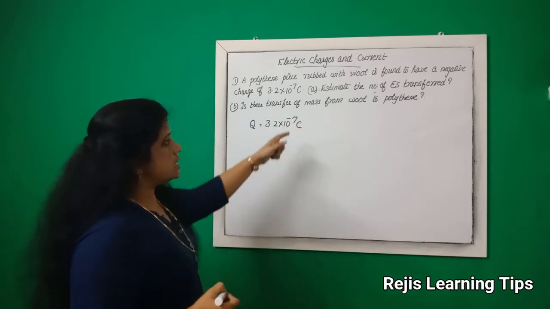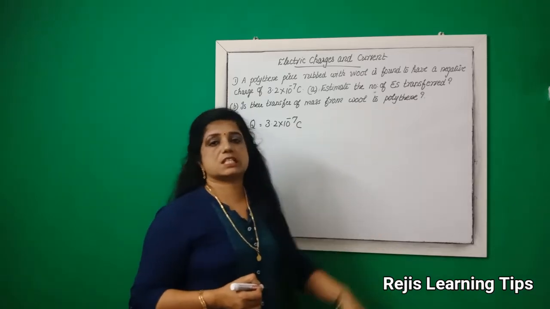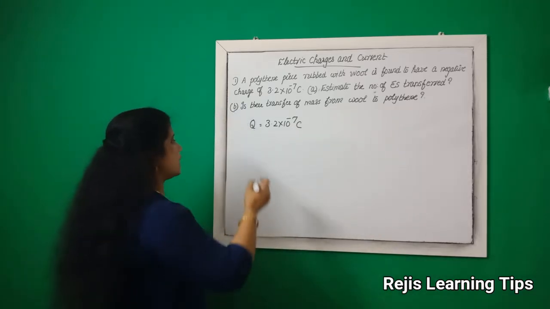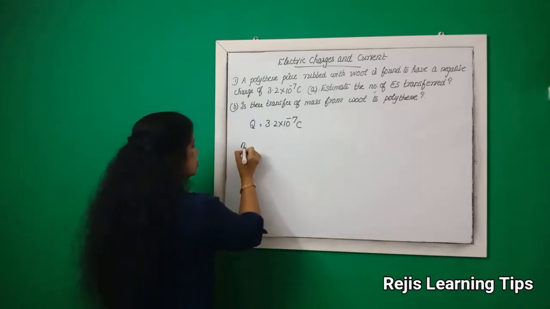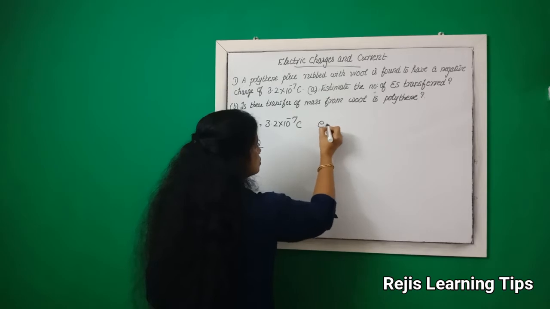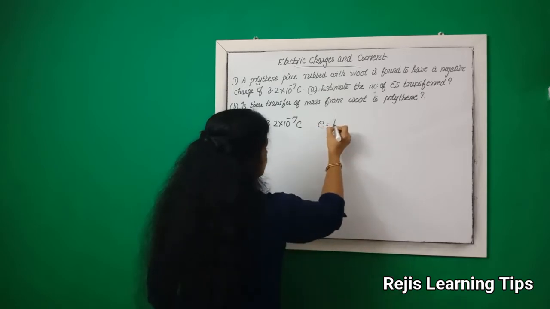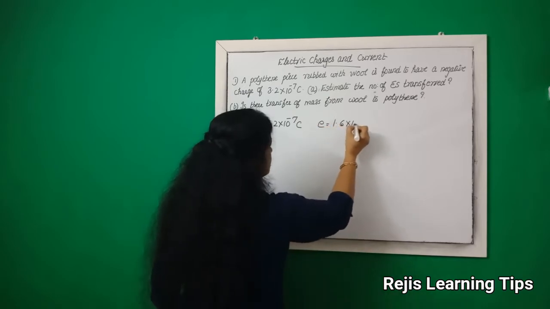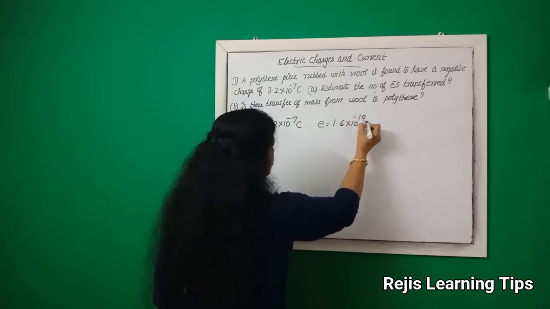Here we want to find the number of electrons transferred. The number of electrons transferred N is equal to Q by E. Then what about E? E is the charge of electron, that is 1.6 into 10 raised to minus 19 coulomb.